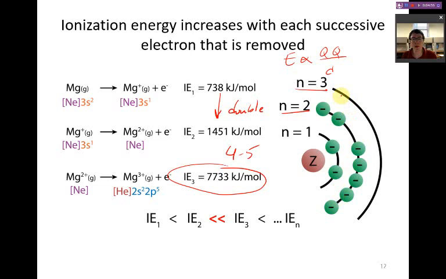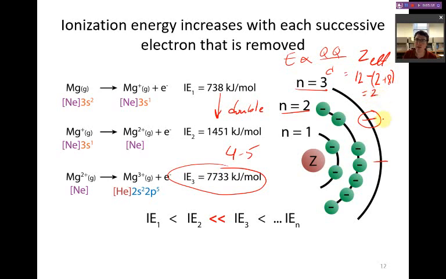If we were to think about what was the Z effective of these electrons, the Z effective of these outer electrons is going to be the number of protons, which for magnesium is 12, minus the shielding electrons, which initially is 2 plus the 8.